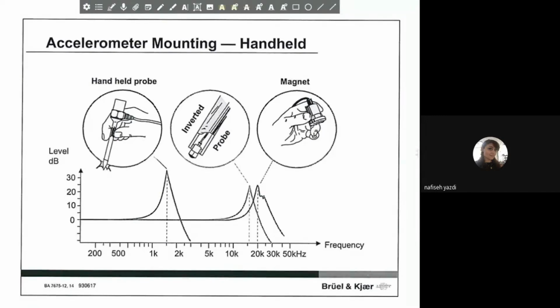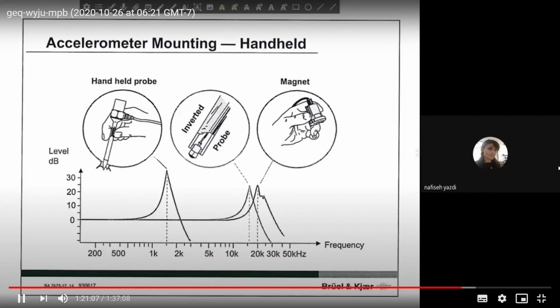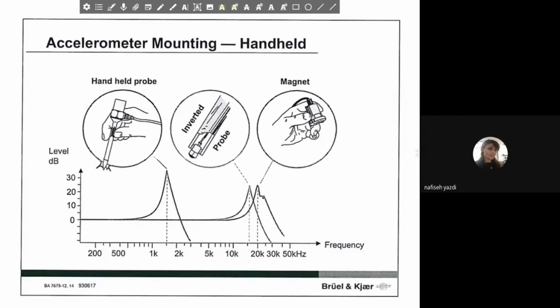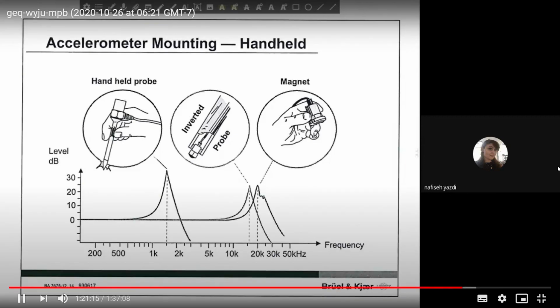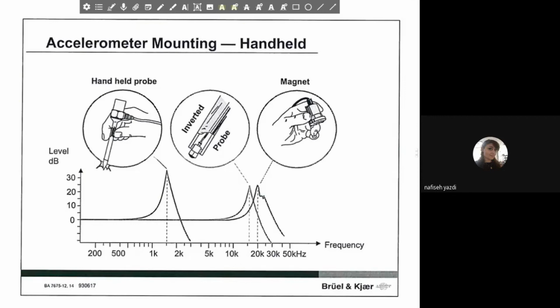As you can see from these pictures, there are different options: the handheld, the reverse, inverted, or magnet. Each one has its own frequency response of the whole system. And as you can see, when you're using the handheld probe, you are in the worst condition when measuring the acceleration. The inverted probe and the magnet one are not that bad with respect to the handheld probe, of course.